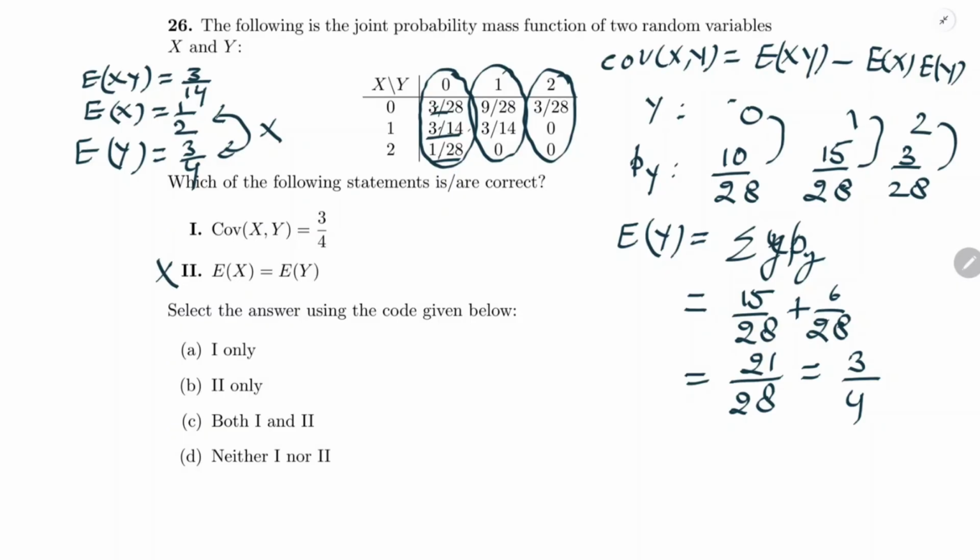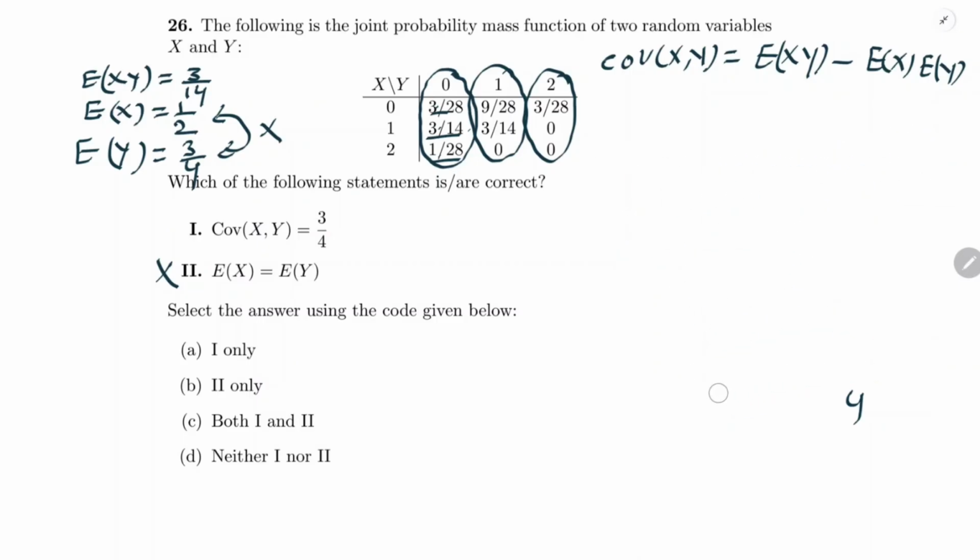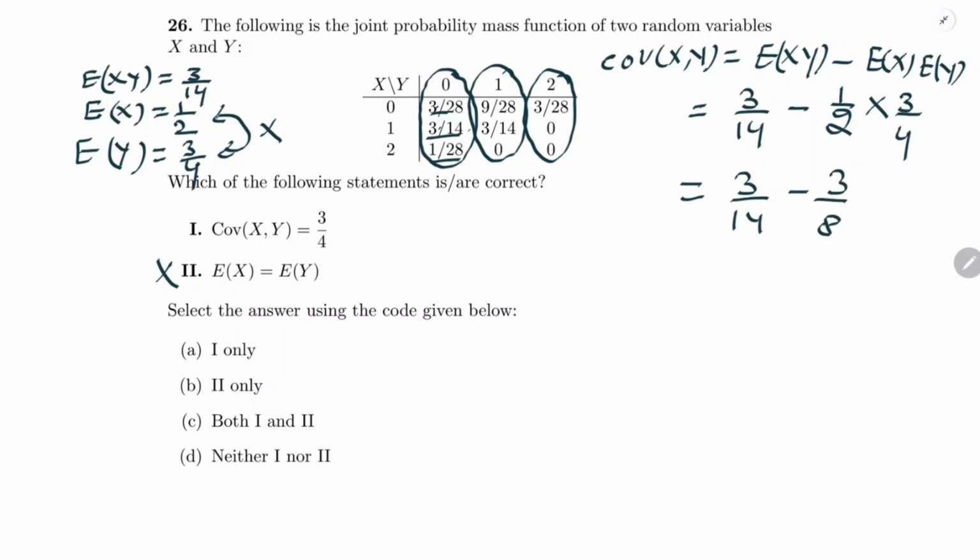Now to calculate the covariance between x and y, we can use the formula written on the top. So the joint expectation is 3 upon 14 minus the expectation of x, which is 1 by 2, and expectation of y, which is 3 upon 4. 3 upon 14 minus 3 upon 8.